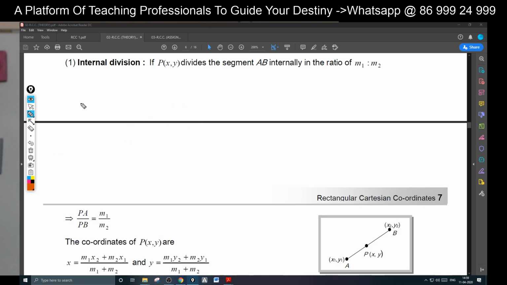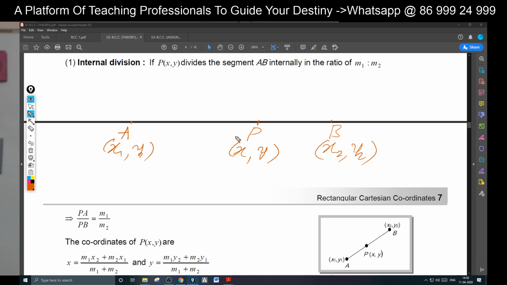See here. Let me say this is A, x1, y. Let me say this is B, x2, y. Let me say this is point P, x, y.